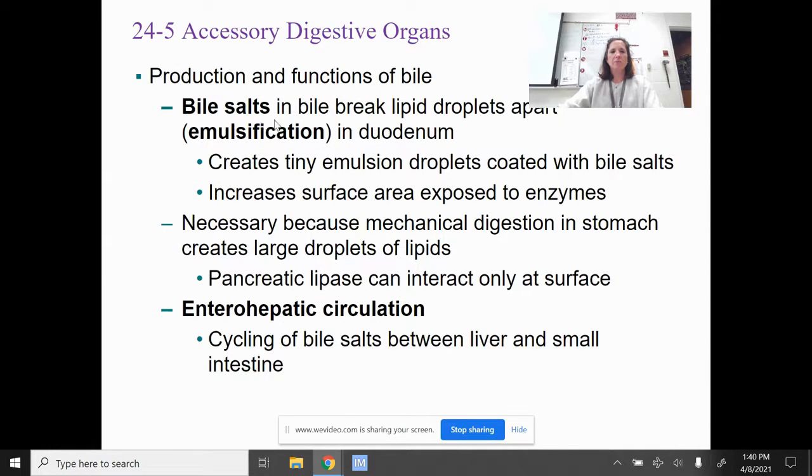Bile salts break large lipid droplets into small ones. It's known as emulsification. So if it's large to small, that is going to be mechanical digestion. That needs to happen so that the lipase that comes from the pancreas into the small intestine can then chemically break it down.